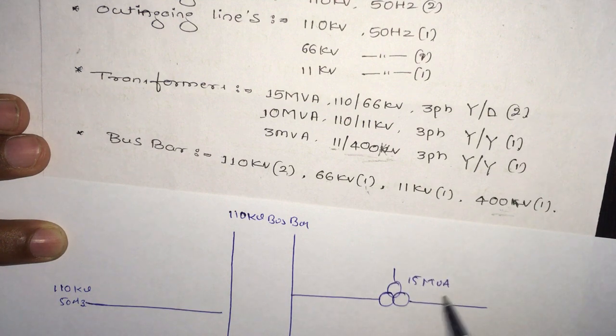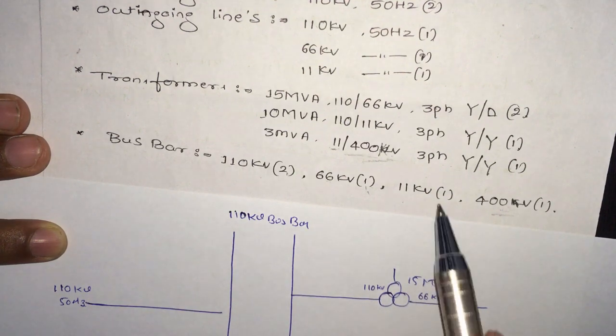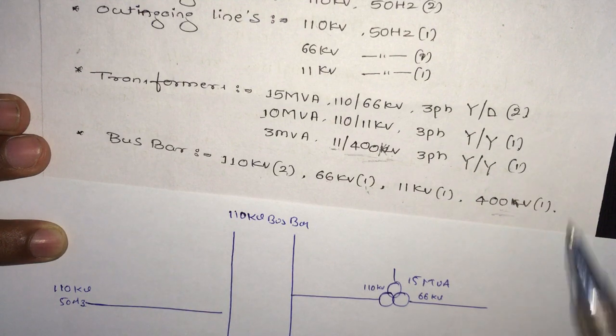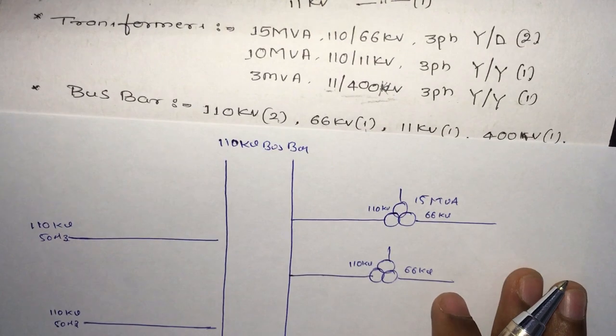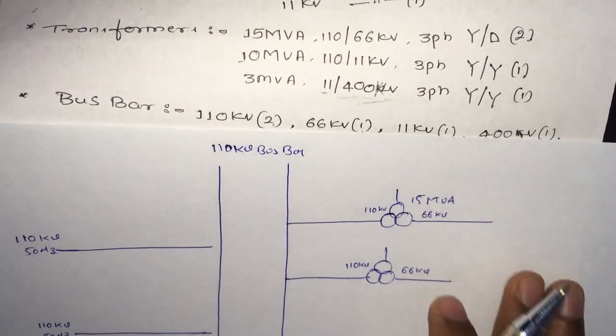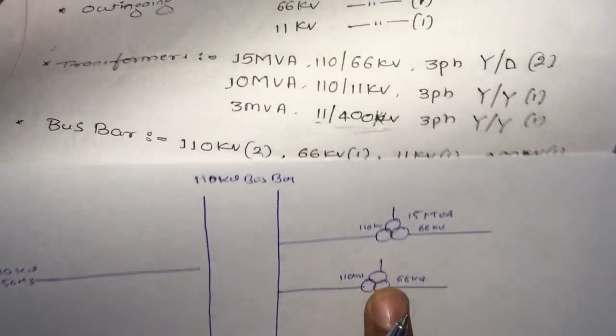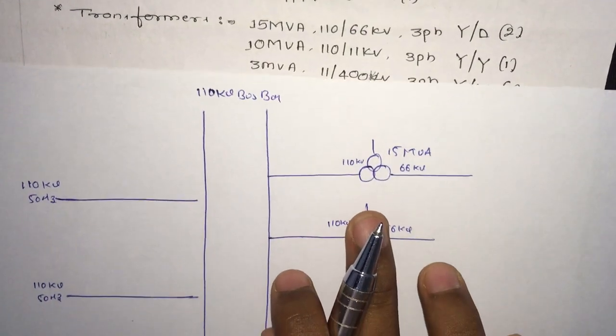That quantity is two numbers, so mark two transformers, 110 kV by 66 kV. So we marked 110 kV by 66 kV, two transformers.